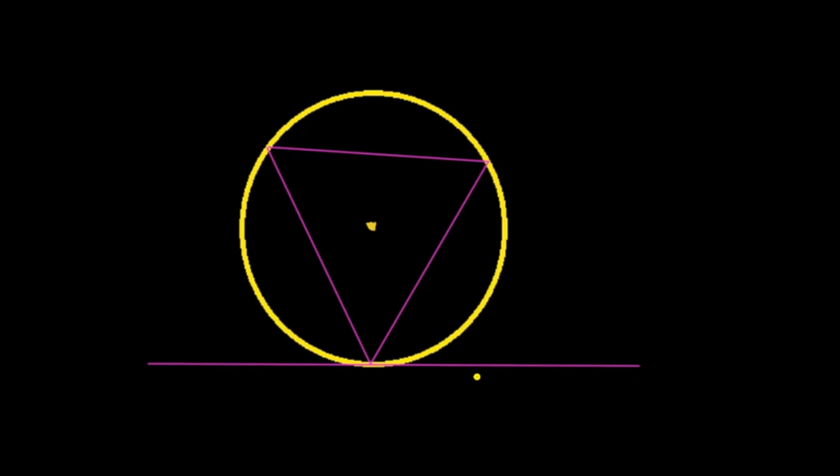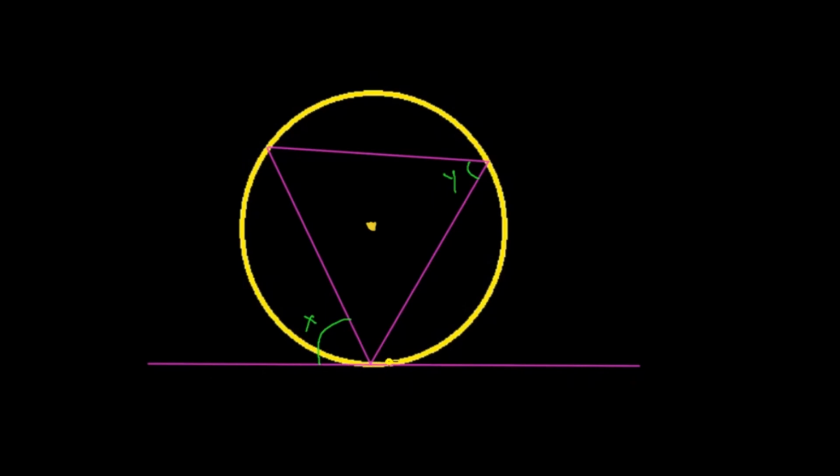So what we are trying to say here is this angle and this angle here should be the same. So let's call this angle y and this is angle x. So this angle, from here until the tangent line, should be the same.